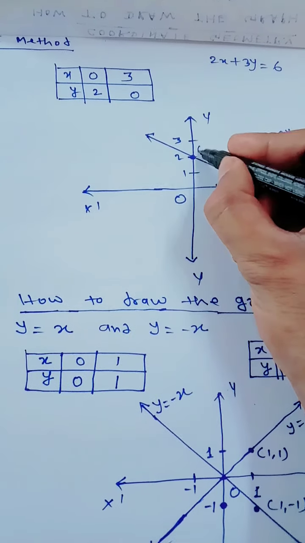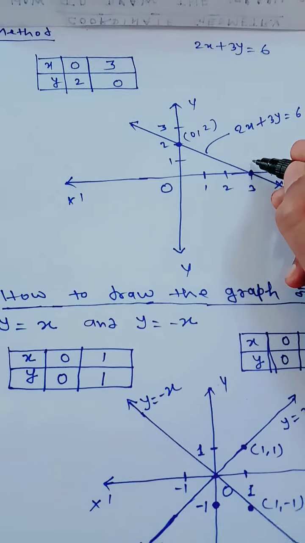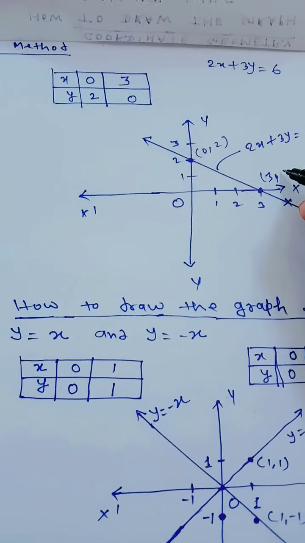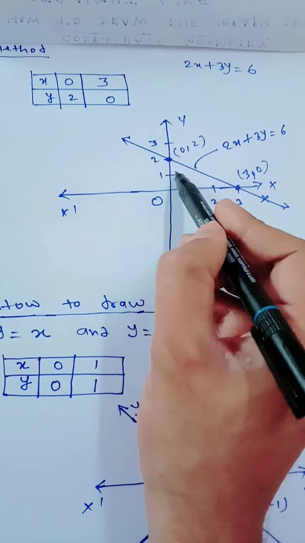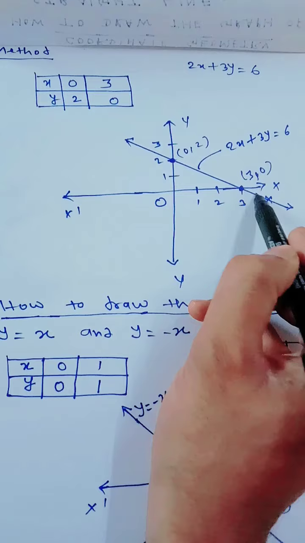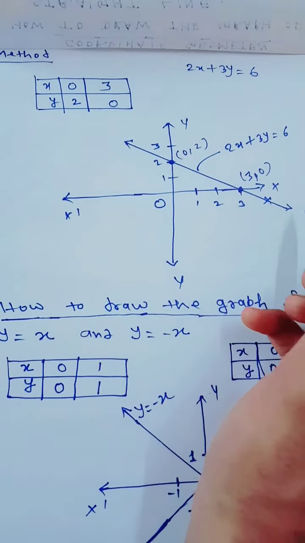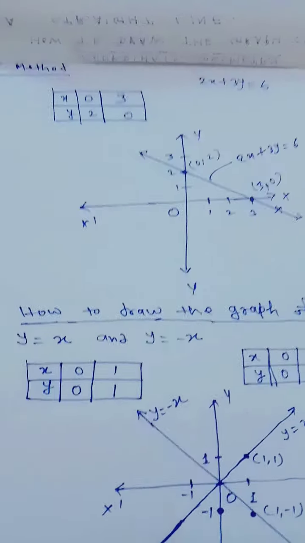So this point is (0, 2), and this point is (3, 0). Now we will join these 2 points and we can easily get the same graph as earlier.